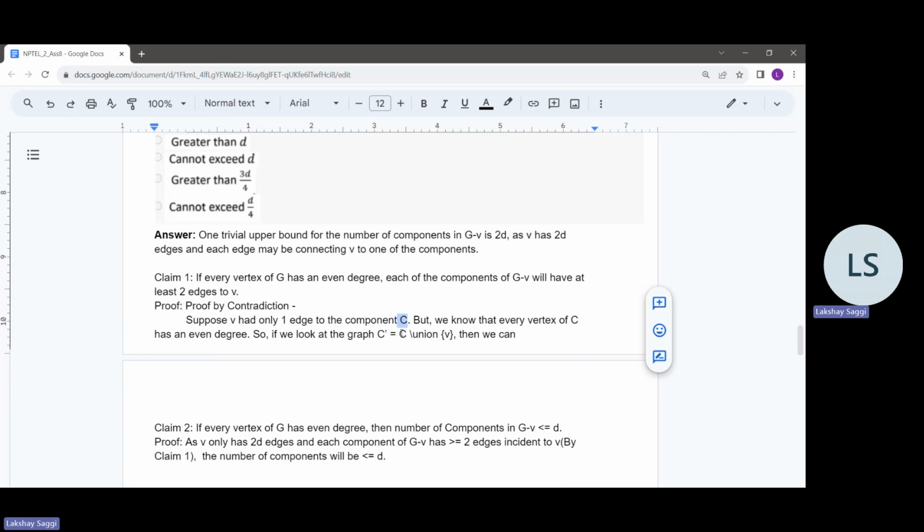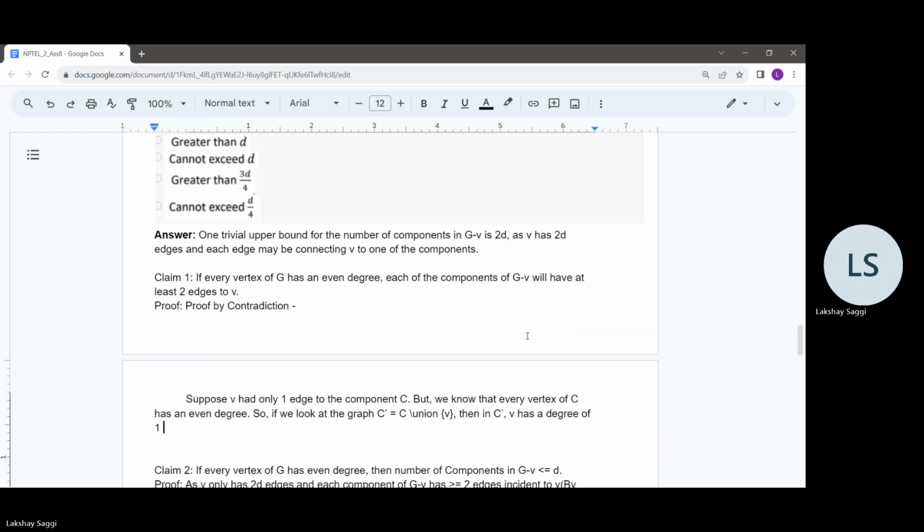Now, if I add the vertex V to this component C, in this graph, we can sort of say that in C prime, V has a degree of 1, but all other vertices have an even degree.